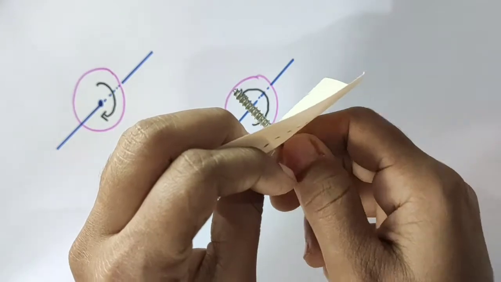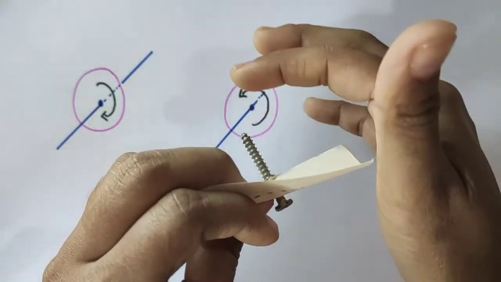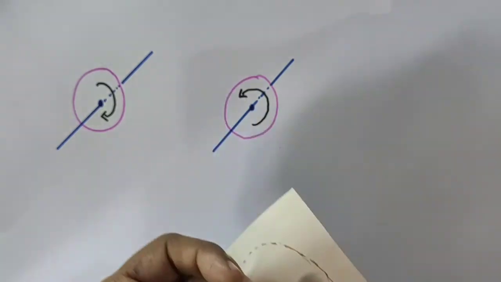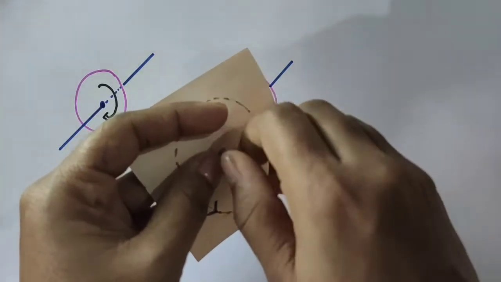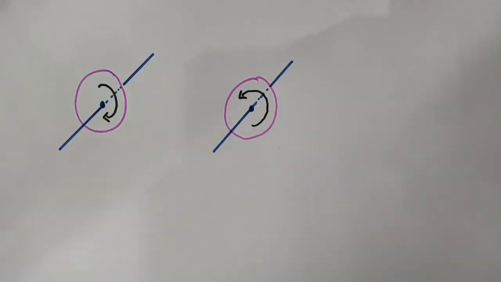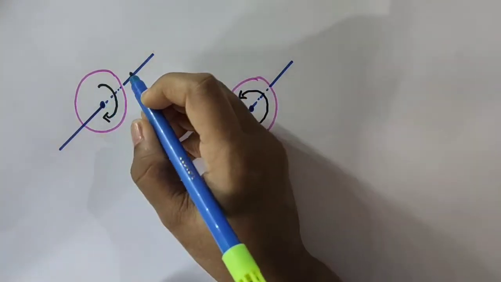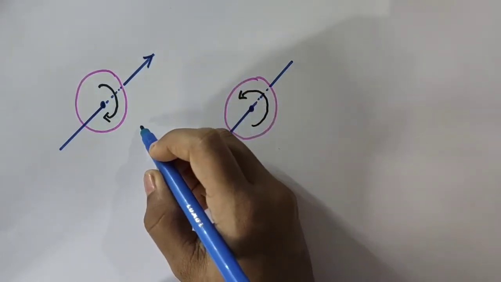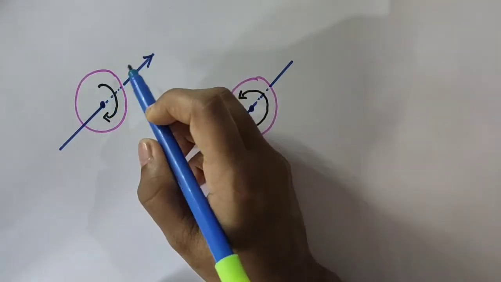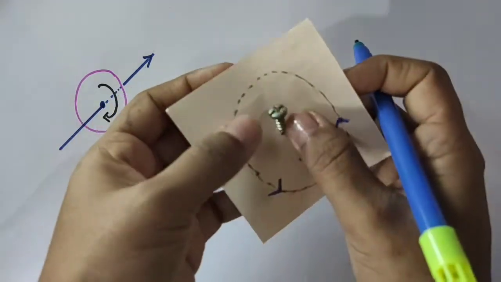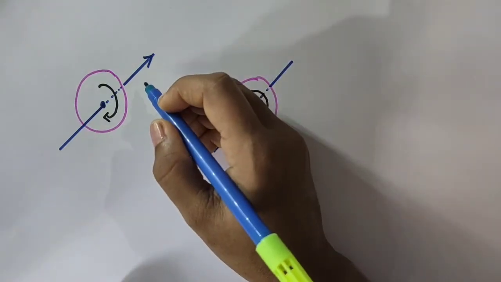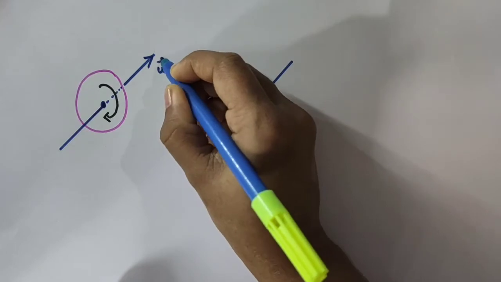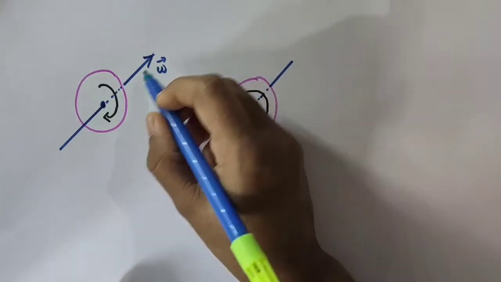That is, the screw advances in this direction, into the plane of the paper. So the direction of angular velocity, that is vector omega, is marked like this.